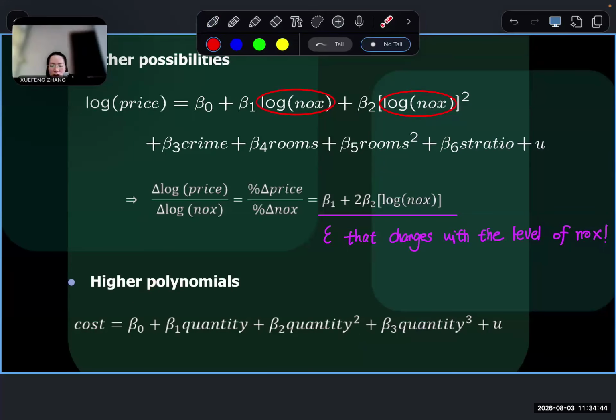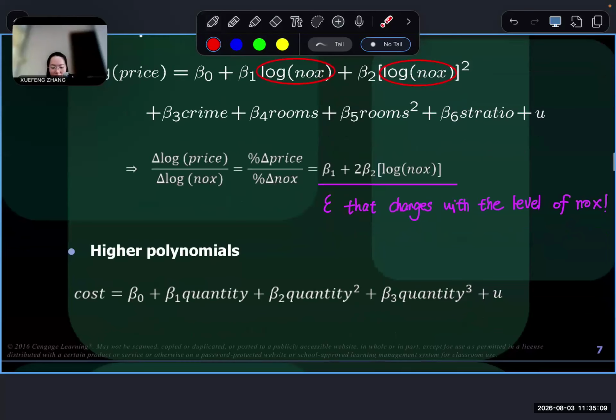Okay, for higher polynomials, suppose it goes beyond degree 2. So we have cost equal beta 0 plus beta 1 quantity plus beta 2 quantity squared plus beta 3 quantity to the power 3 plus mu. For this kind of higher polynomial, the cost function here is cubic, right?